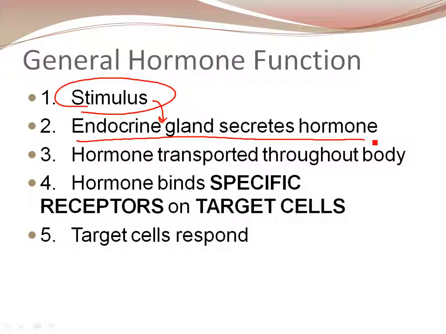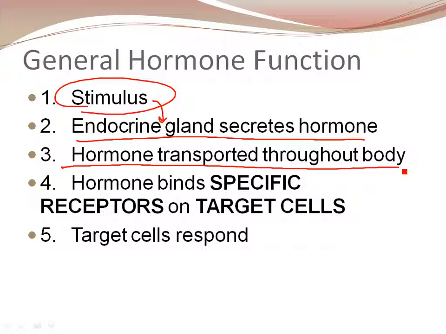So in the case of insulin, you have certain cells in your pancreas called beta cells that produce insulin. The hormone then is transported throughout the body. It gets into your bloodstream, and then it exits the bloodstream from capillaries into tissues all over your body. Remember your body fluid back and forth from blood to interstitial fluids.